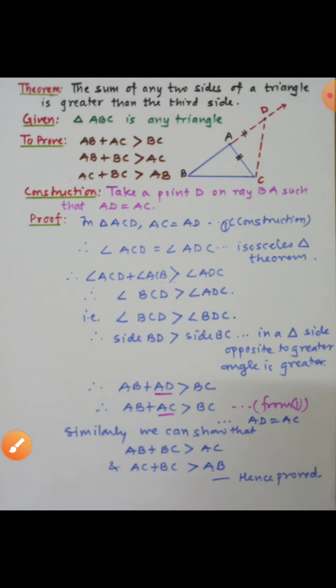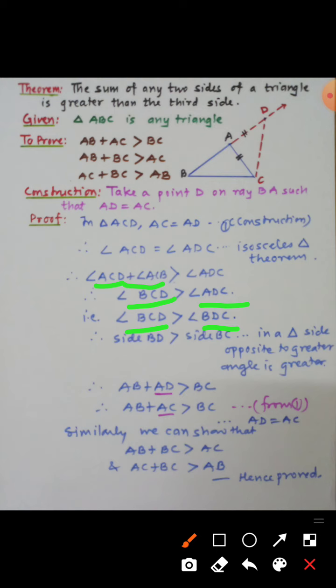And here angle ACD plus angle ACB is angle BCD. So we get the next step: angle BCD is greater than angle ADC. That is, angle BCD is greater than angle BDC in the figure.